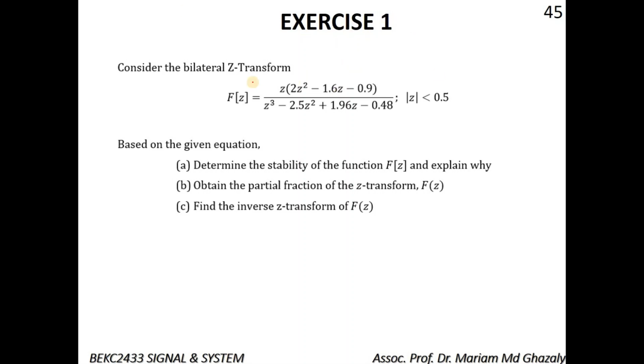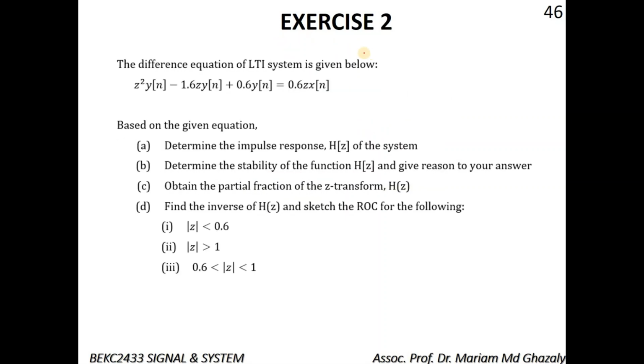So you have two questions. Exercise 1: you are given this equation, determine stability, obtain the partial fraction, and find the inverse. And exercise 2 is also the same thing. Find the differential equation of the LTI system. For this case, try to look at the Z transform table and rearrange this.